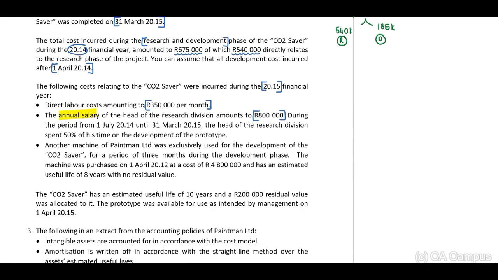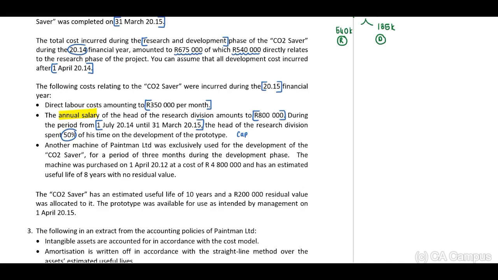During the period from 1 July 2014 until 31 March 2015, the head of the research division spent 50% of his time on development. Therefore, we need to know that we need to capitalize the amount relating to this period that the head of research spent on the development.